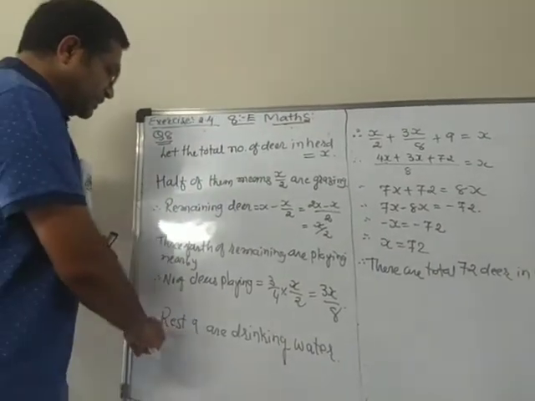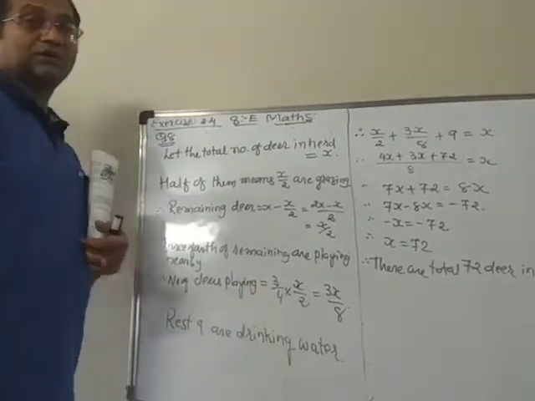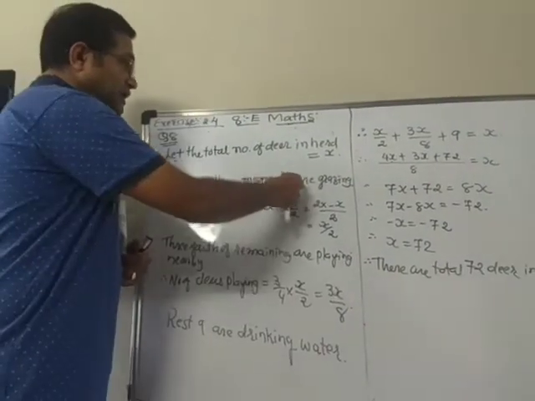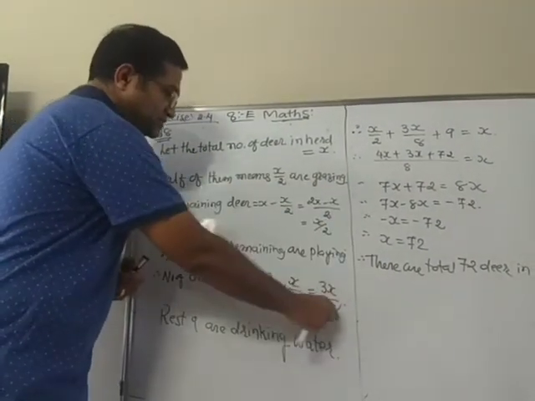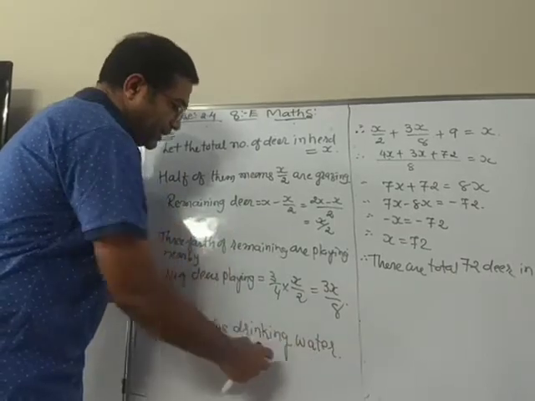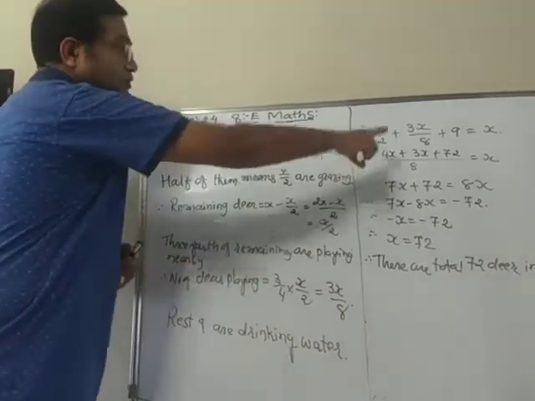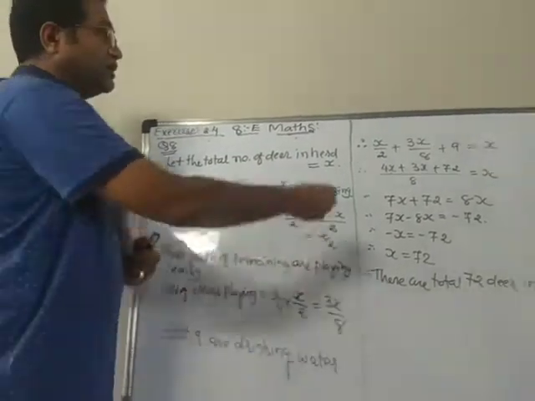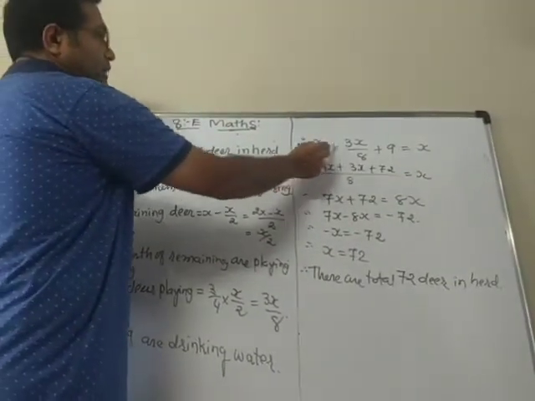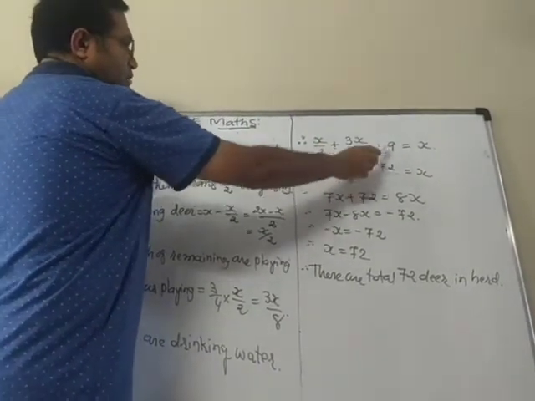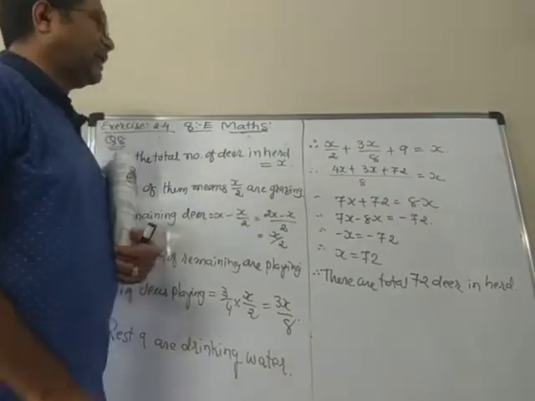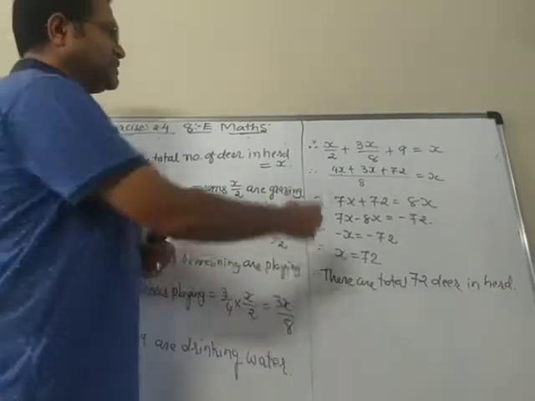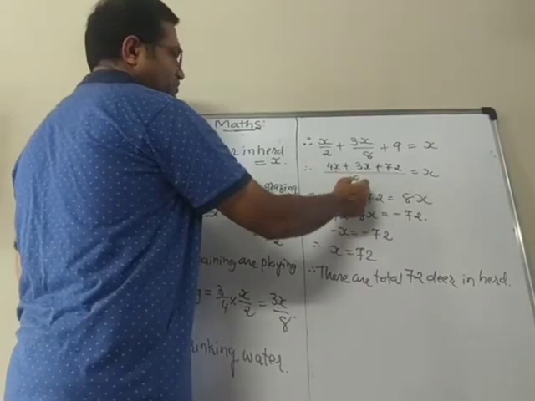And then the remaining 9 are drinking water. It means that x by 2 plus 3x upon 8 plus 9 makes the total x. So we write x upon 2 plus 3x upon 8 plus 9 is equal to x. Now the LCM of 2 and 8 is 8.